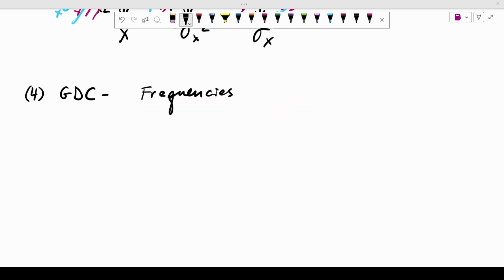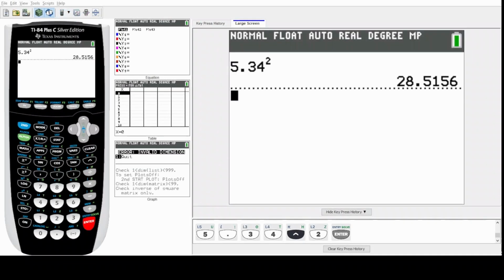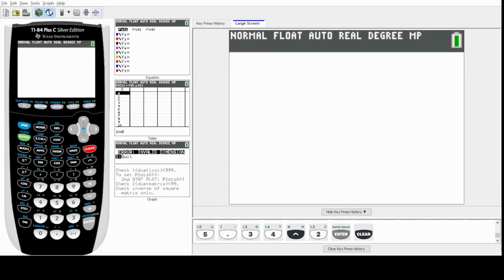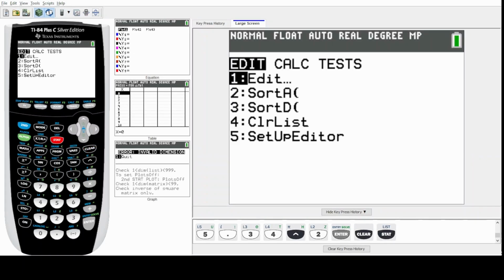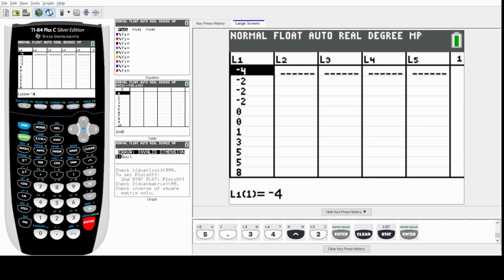Next, I'd like to talk about using the GDC with frequencies. So what we've done so far is we've mostly focused on looking at stat edit here. We've been looking at this particular distribution, empirical distribution of fake stock market data.